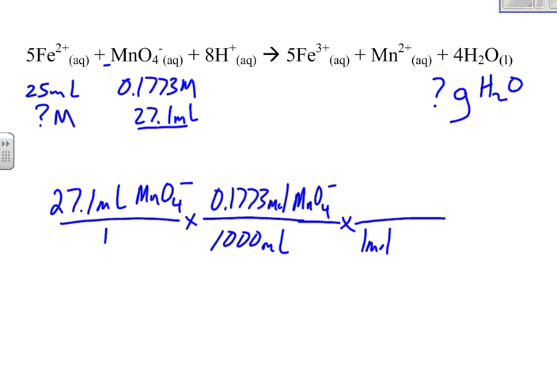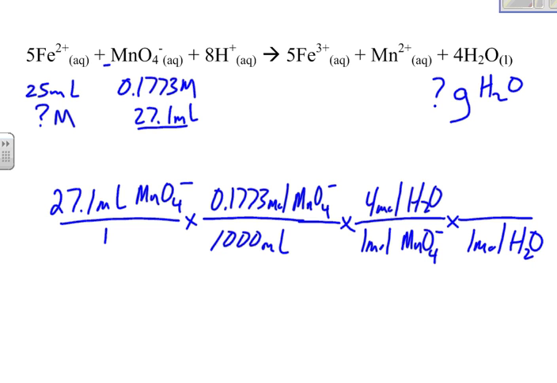So for every 1 mole of the permanganate that is reacted, we're going to produce 4 moles of water. And every mole of water, of course, we look at our periodic table, would be 18 grams of water.